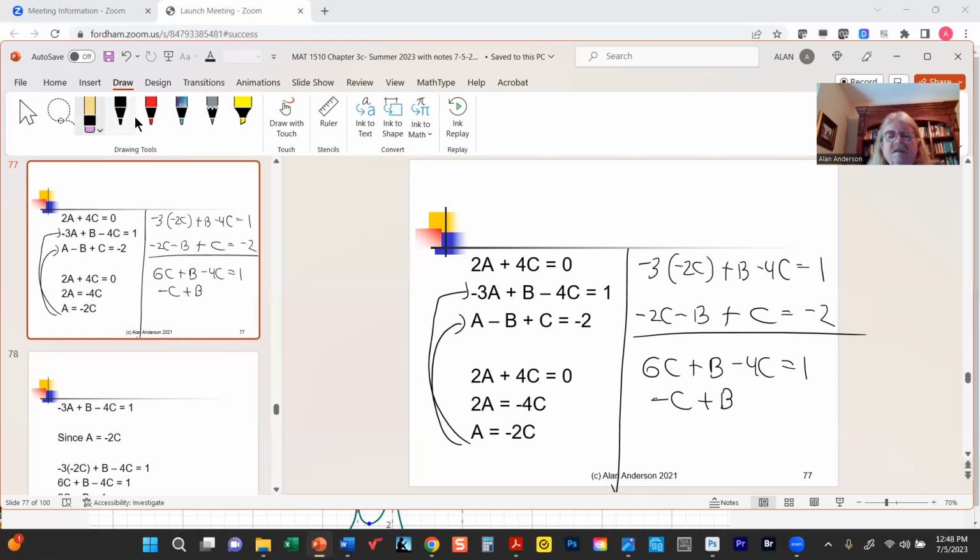Oh, minus c minus b. All right, let's see. Just making sure. So if I want to, I can now solve for b directly. I'll add b to both sides.